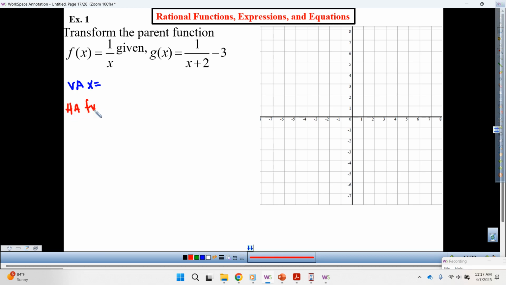HA f of x equals what? All right? Tell your neighbor what the VA is and the HA for this one first. Right now we're focusing on the parent function.